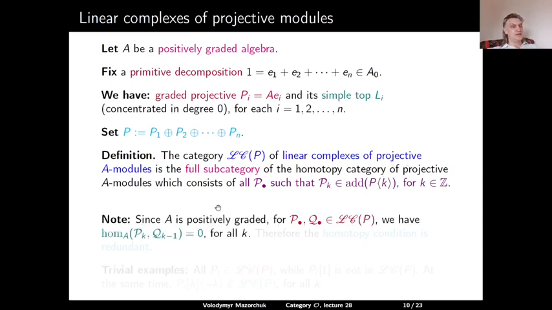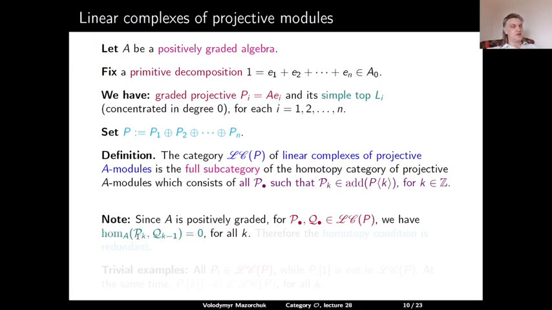Note that since algebra A is positively graded, if we take two linear complexes of projective modules P and Q, the space of homomorphisms from the homological degree k part of P to the homological degree k minus 1 part of Q is 0.